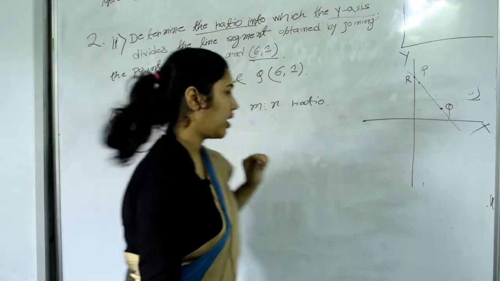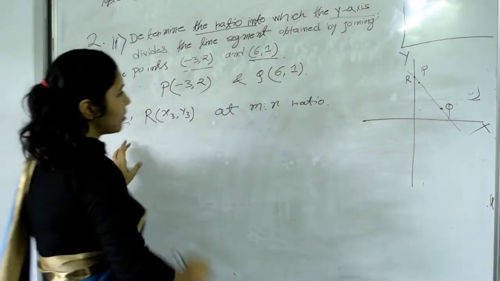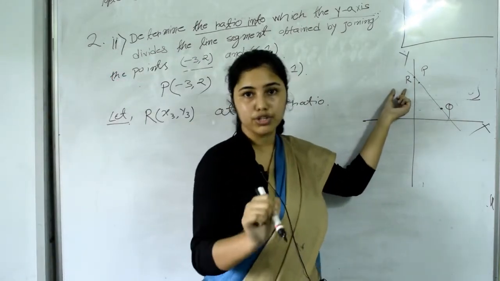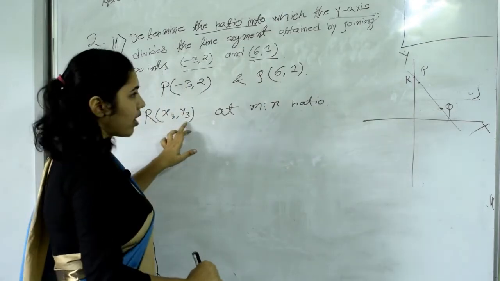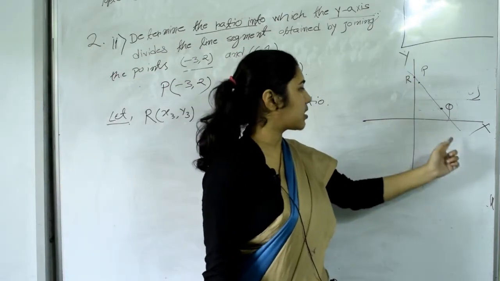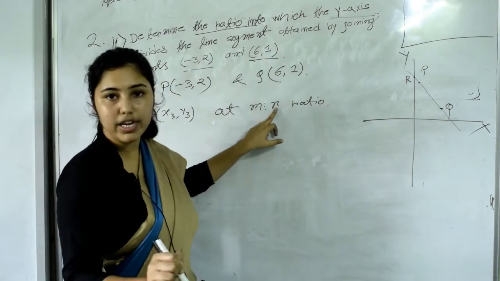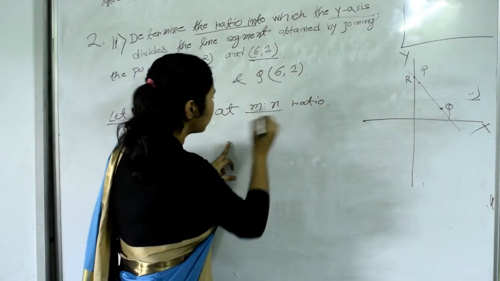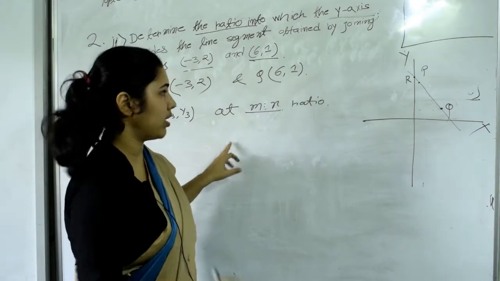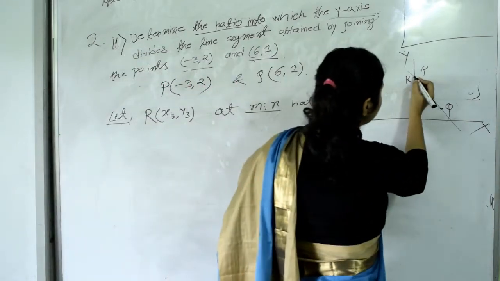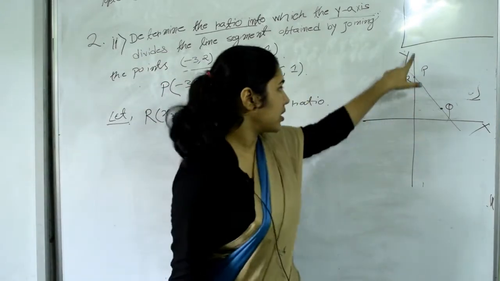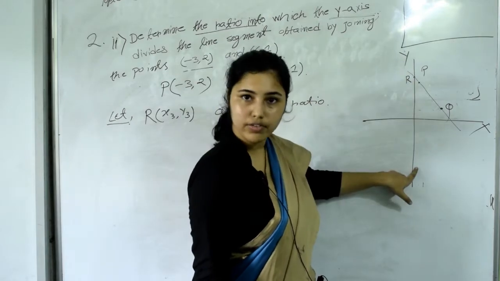Now, let this point R with coordinates x3, y3 divide this line segment in the ratio m:n. We have to find this value m:n. But also note that this point R is on the y-axis, right?